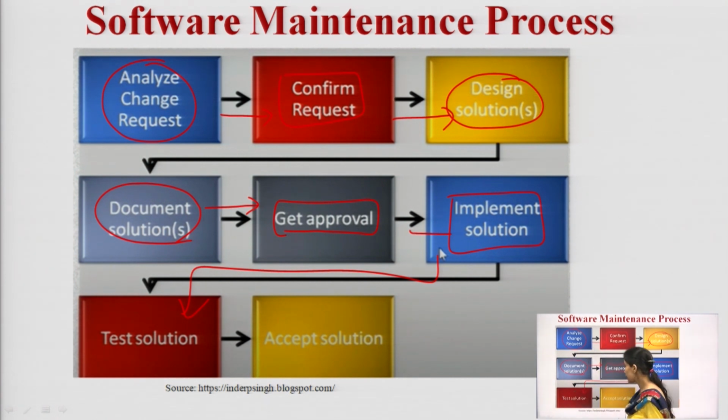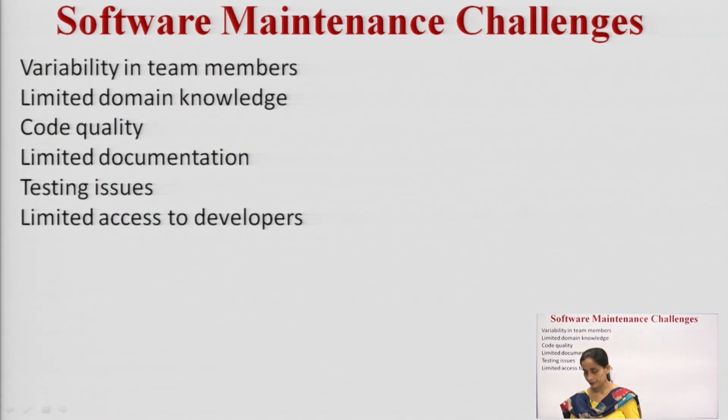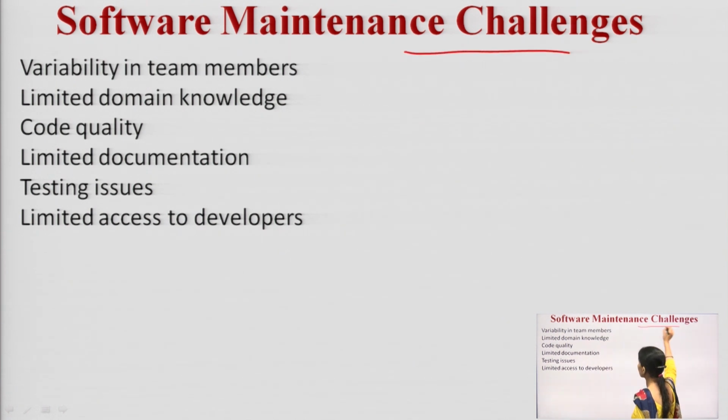Different test cases will be executed and then, lastly, the solution is accepted. So, this maintenance process covers all these phases to include the new changes after the delivery of the software product.